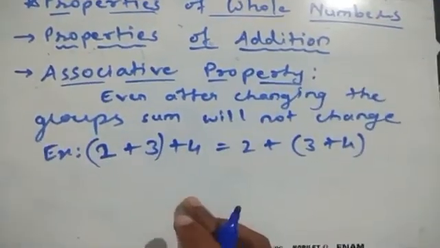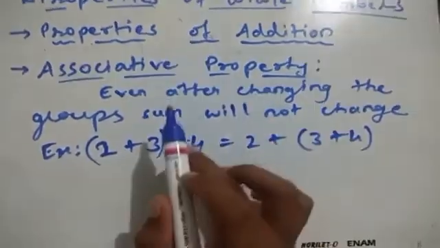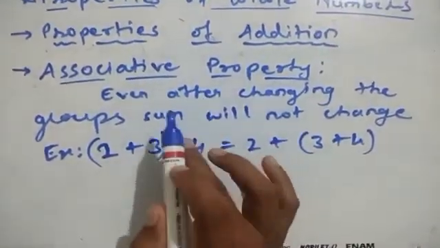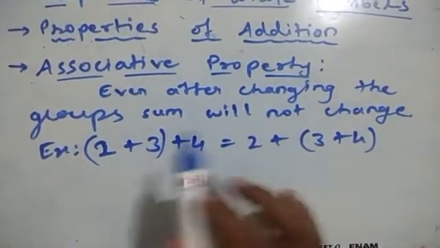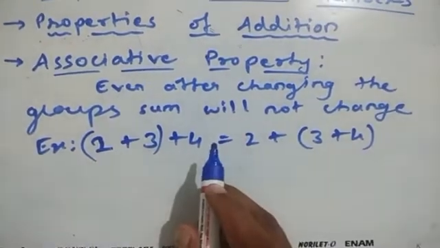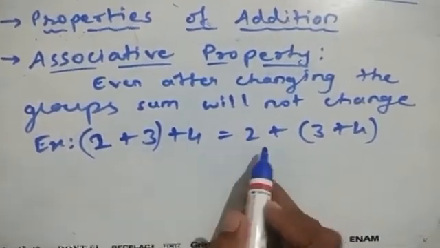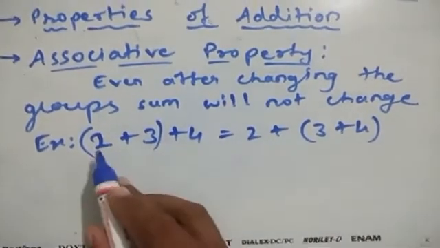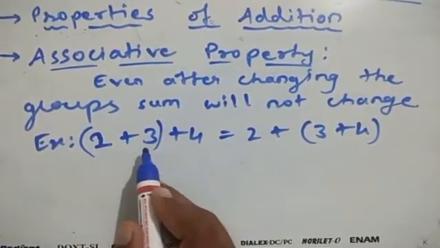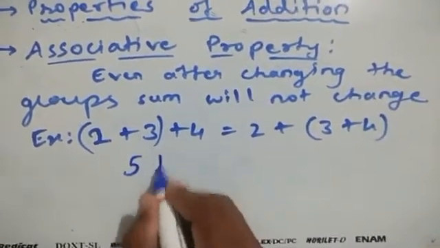Now, let's see the next property, the associative property. The associative property says that even after changing the groups, the sum will not change. Let's see one example here. See, 2, 3 and 4 we are going to add in two different ways. First, here I will add 2 and 3, then add 4. 2 plus 3 is 5, plus 4.